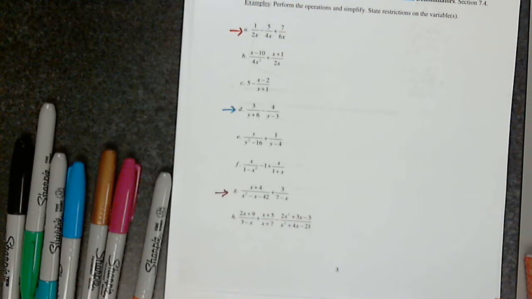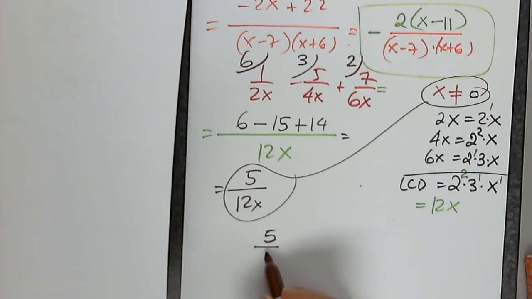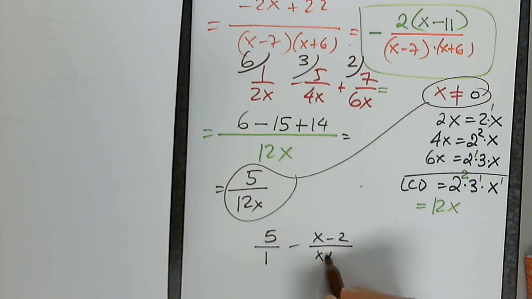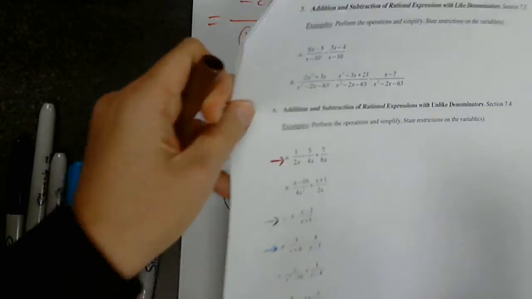So let's work on C. So C is 5 over 1 minus x minus 2 over x plus 1. Very good. So we did C.